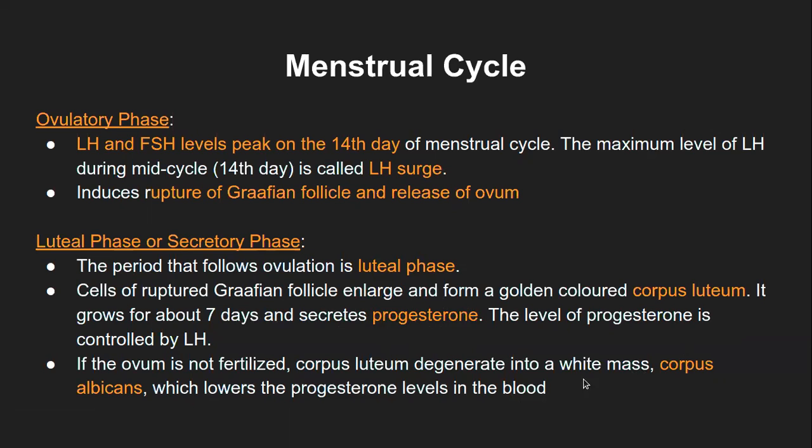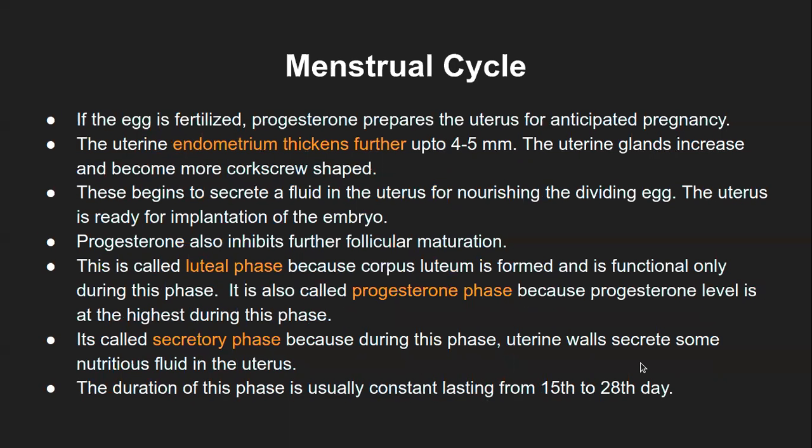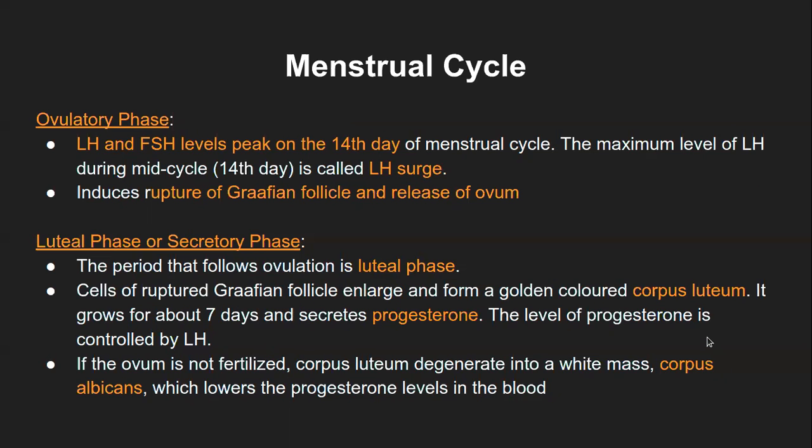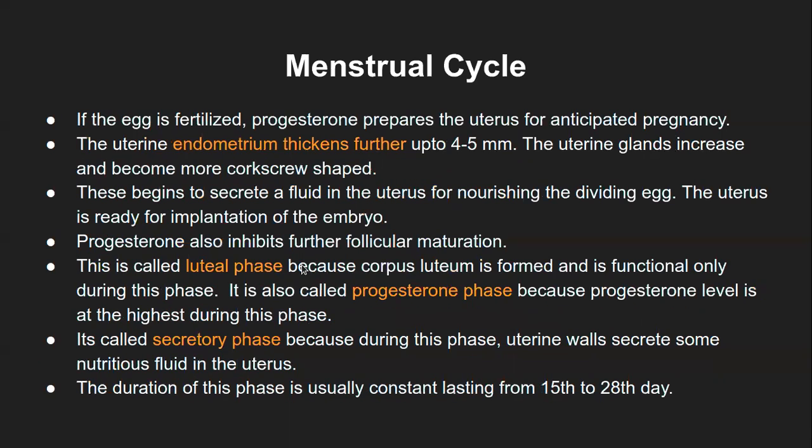And if it is not fertilized, then the progesterone level will go down and the corpus luteum will degenerate into a white mass, which is the corpus albicans, and it will lower the progesterone level in the blood again. Obviously, the corpus luteum is going to degenerate, so whatever progesterone it was synthesizing will also go down in level. So that is the luteal phase, or also called the secretory phase.